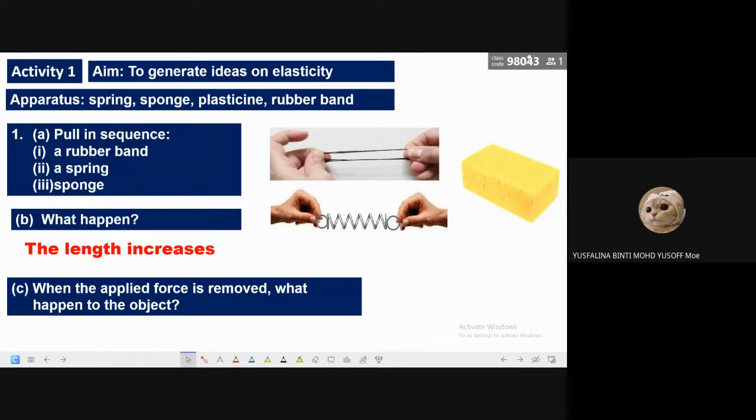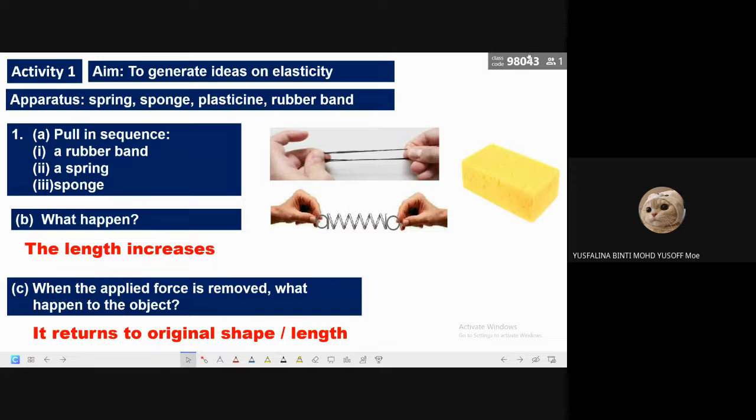What happens if you remove the force, if you stop stretching the rubber band? The object will return to its original shape or original length. So that is what we call elasticity.